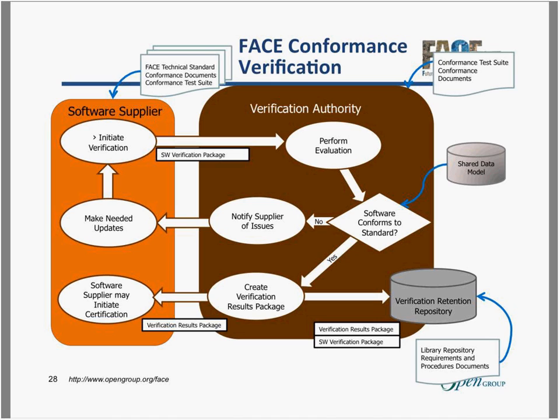Once the UOC passes, the VA would create the verification results package, provide it back to the software supplier, and then the VA also archives that data in an element library called the Verification Retention Repository.